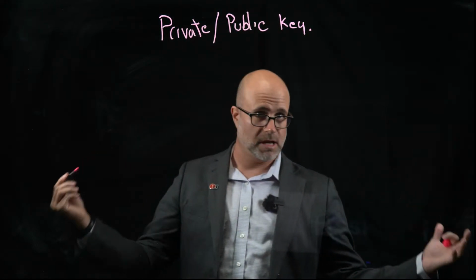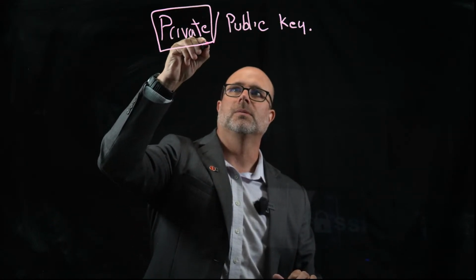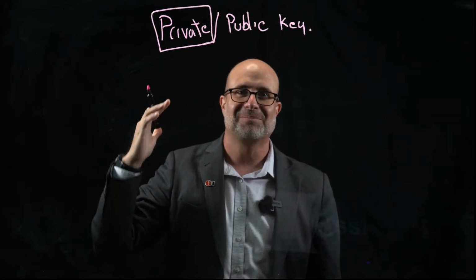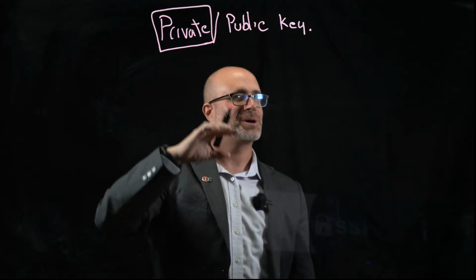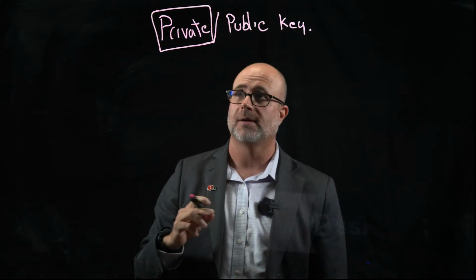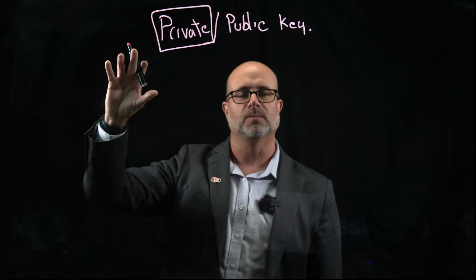And just as you would think, the private key is supposed to be private for you, okay? No one's supposed to get that private key. If anyone gets that private key, they can intercept your communication, they can log into the server, whatever. So the private key portion is what you hold on to.